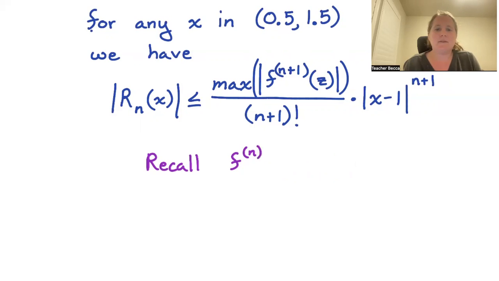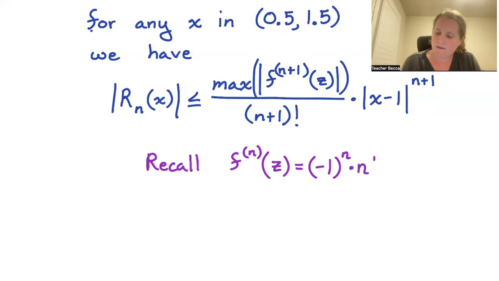The nth derivative of f evaluated at z is equal to negative 1 raised to the n, times n factorial, times z raised to the negative n plus 1.